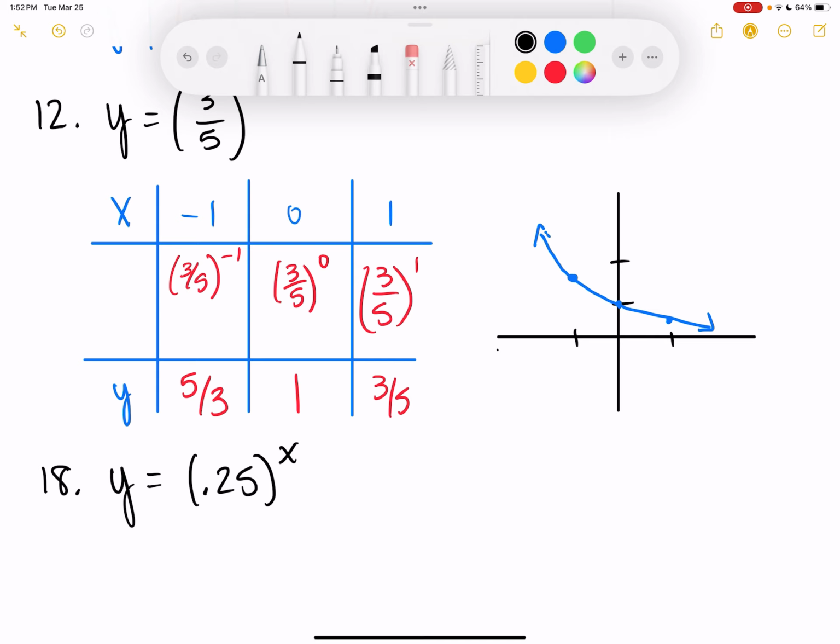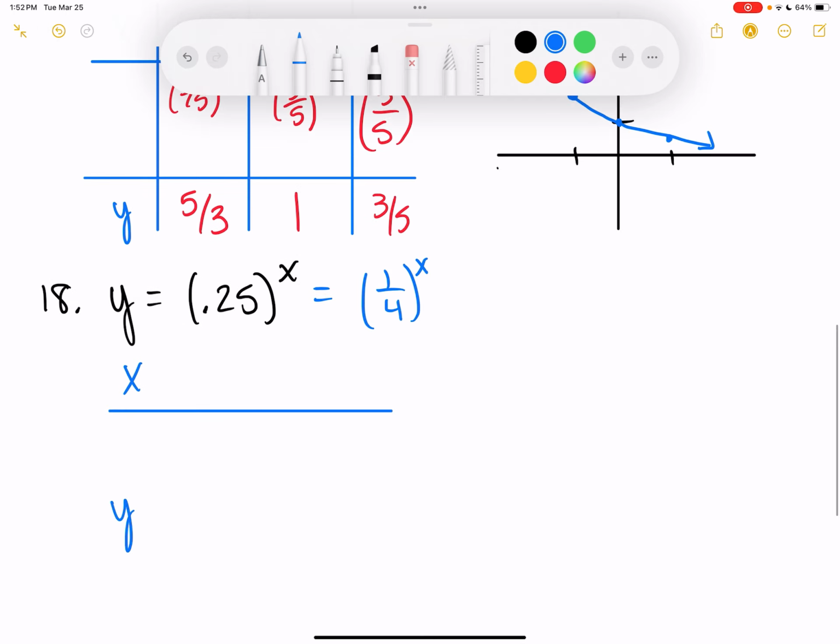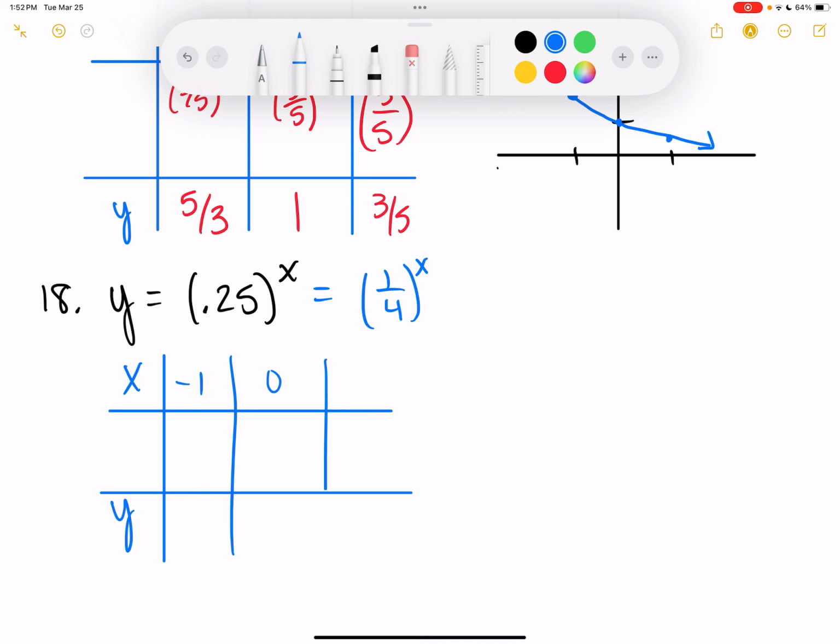So I would treat this as 1/4 raised to the x if I was going to work with this problem, and then I would go from there. So then, setting up my table, I would just use 1/4 to solve this.